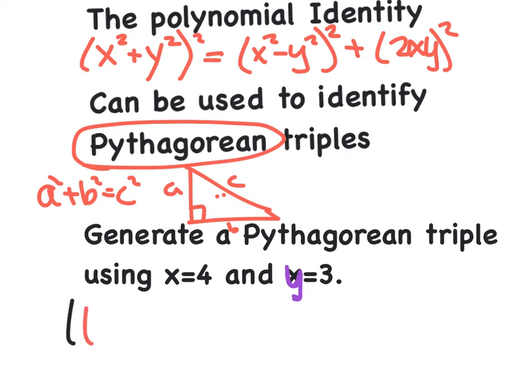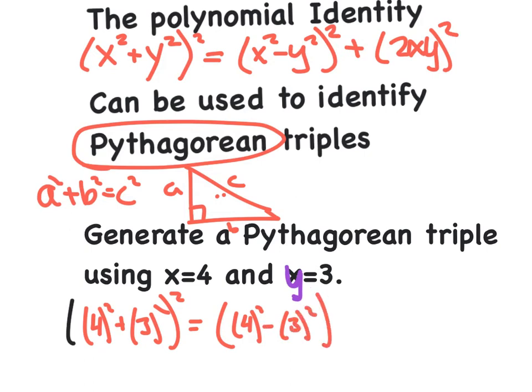Lots of parentheses. So I'm going to say that's 4 squared plus the quantity 3 squared, all squared, equals 4 squared minus 3 squared, all squared, plus 2 times 4 times 3, all of that squared.